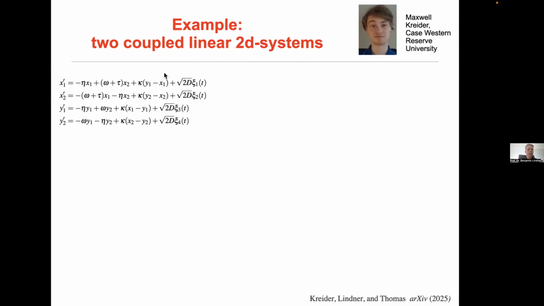So they show some damped oscillations that's somehow equivalent to the damped harmonic oscillator that I showed you before, but a little bit more symmetric in the two variables. And we have two of them. We couple them. They are detuned because the first oscillator has a frequency omega plus tau. The other one has a frequency omega.